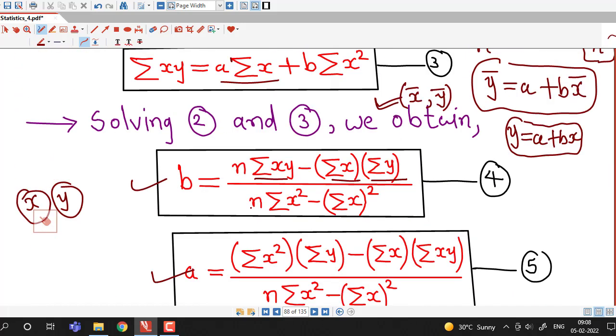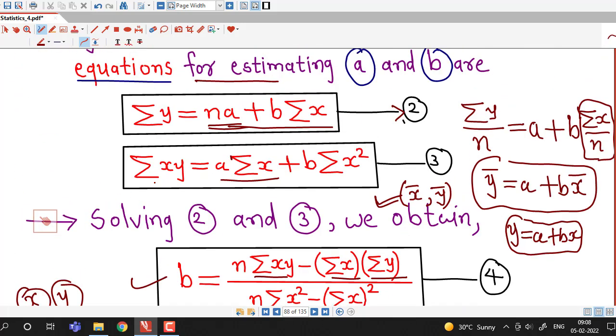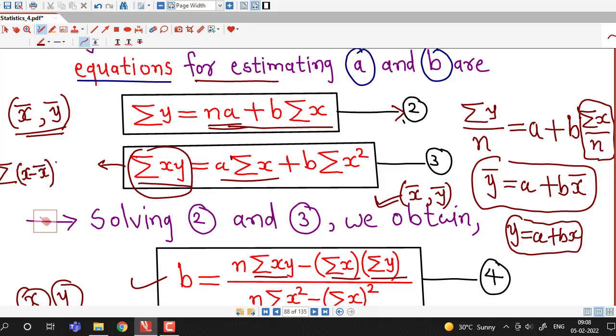Now, using equation 3, we are shifting the origin to this point x bar, y bar, which we know lies on the regression line. If I shift the origin to this point, I can write the left hand side of equation 3 as sigma x minus x bar times y minus y bar.